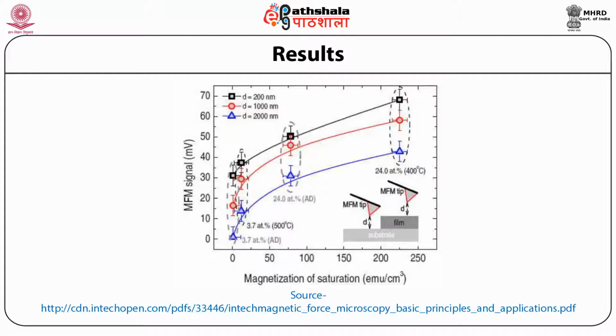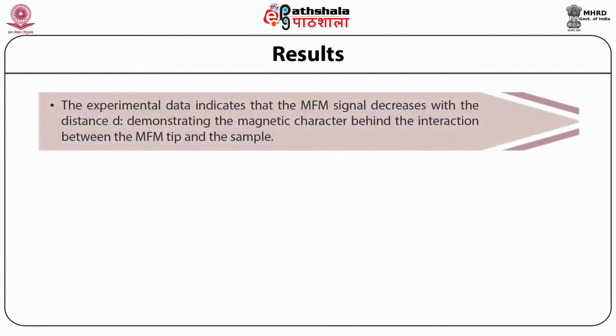So three different plots have been shown here, which indicates the variations. The experimental data indicates that the MFM signal decreases with the distance d, demonstrating the magnetic character behind the interaction between the MFM tip and the sample.